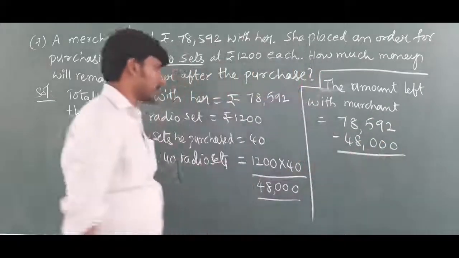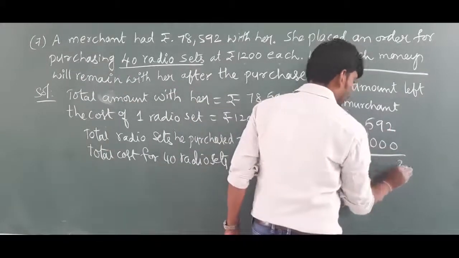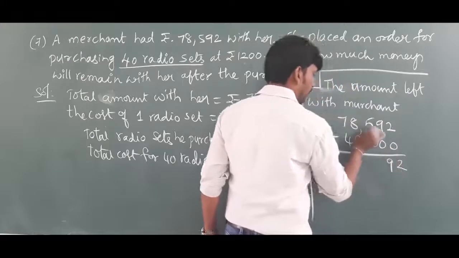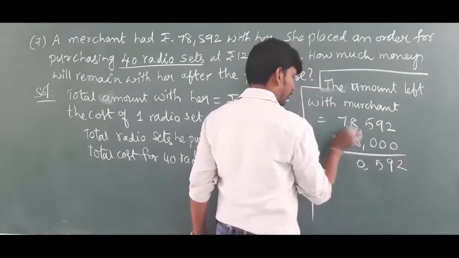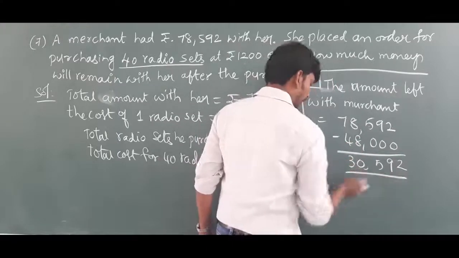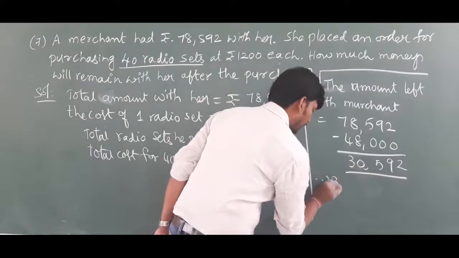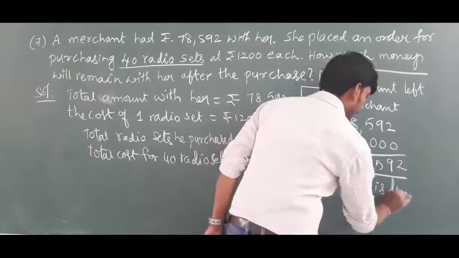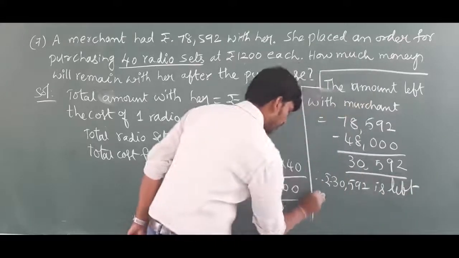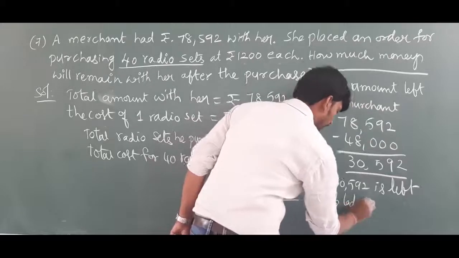You just subtract these two. 2 minus 0 equal to 2, 9 minus 0 equal to 9, 5 minus 0 equal to 5, 8 minus 8 equal to 0, 7 minus 4 is 3. So therefore rupees 30,592 is left with the lady merchant.